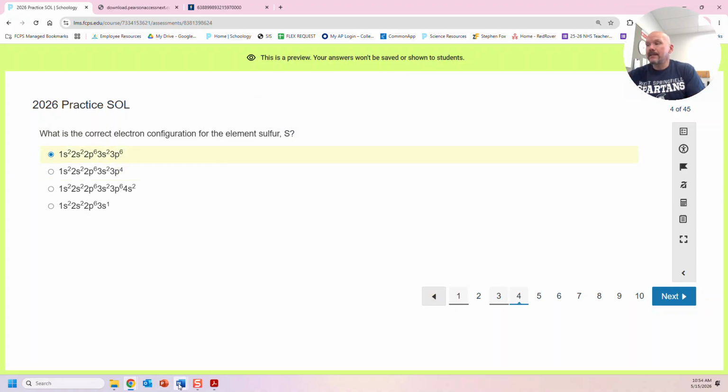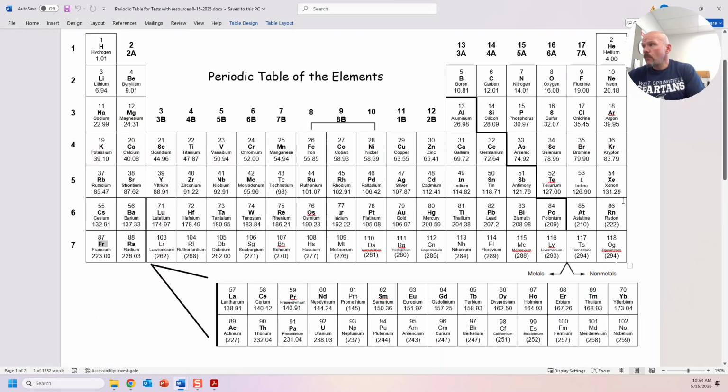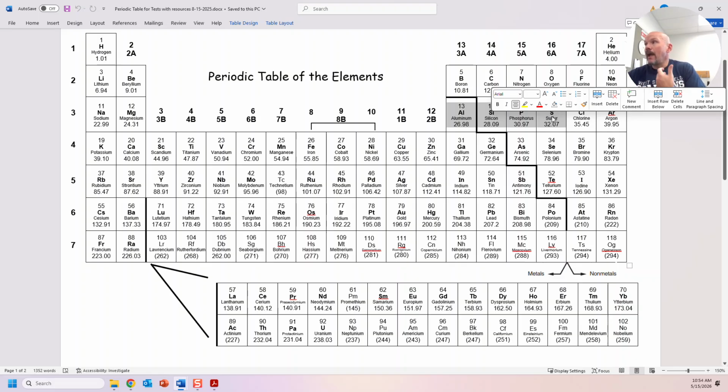If we go to our periodic table, this is sulfur. This is the p block, 1, 2, 3, 4. So it's going to end in 3p4. But if they ask for sulfur in a compound, or S2 minus, that's going to be argon's electron configuration, sulfur's closest noble gas.